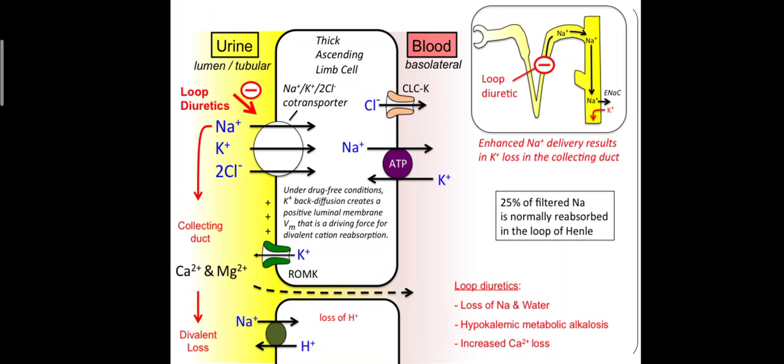This is also a clinical scenario of how the loop diuretics act. The loop diuretics act on the sodium potassium chloride transporter in the loop of Henle. So the loop diuretics cause loss of sodium and water, hypokalemic metabolic alkalosis and increased calcium loss.